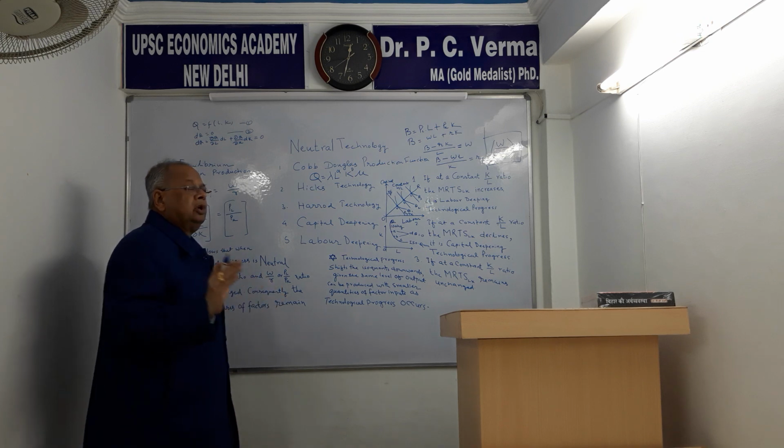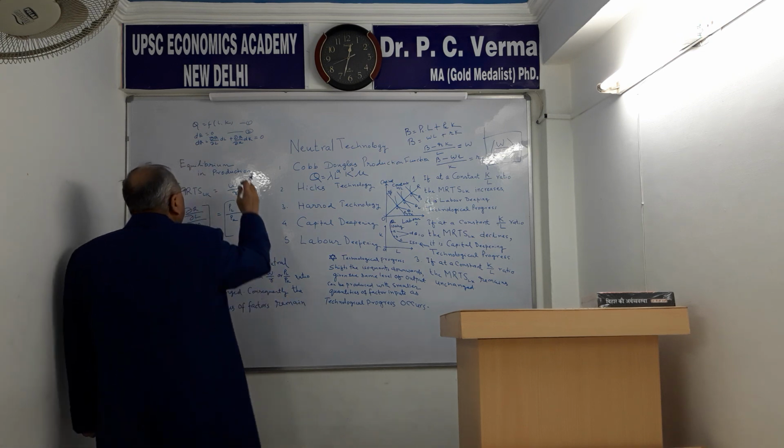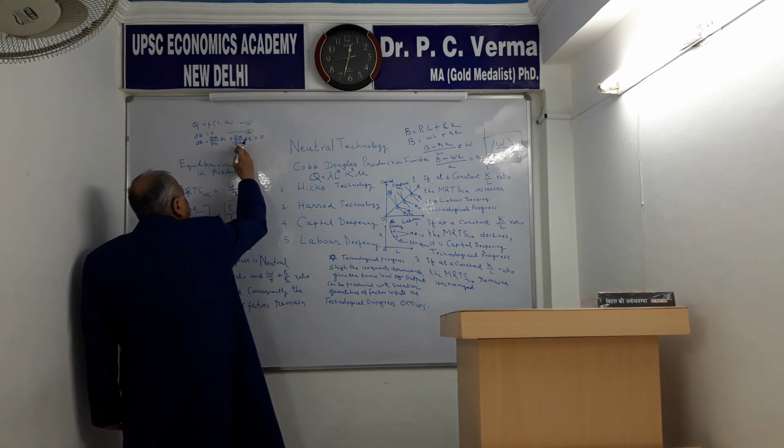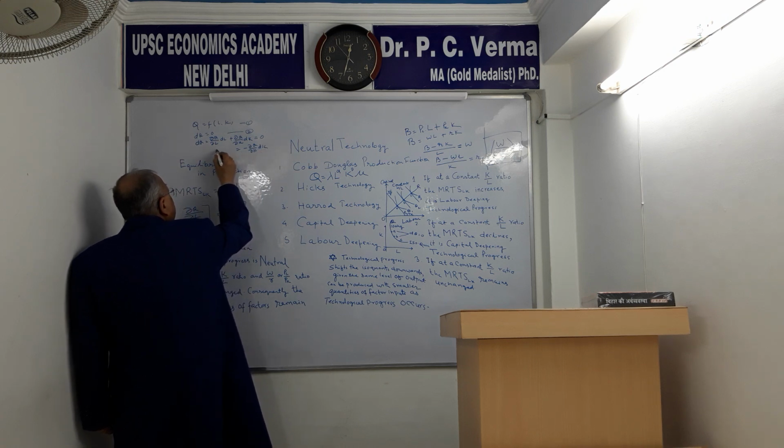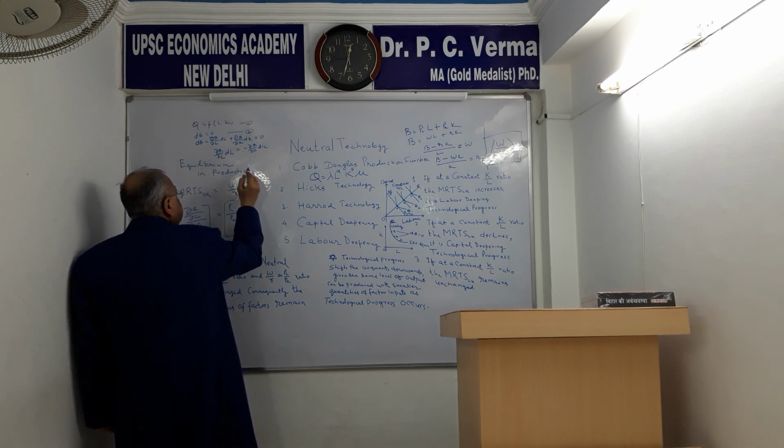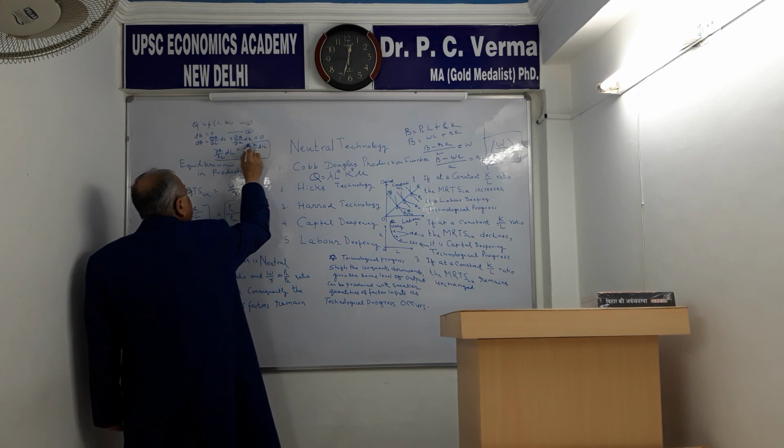Now, taking this one to the right side, it will be minus del Q by del K dK, and here we will have only del Q by del L dL.